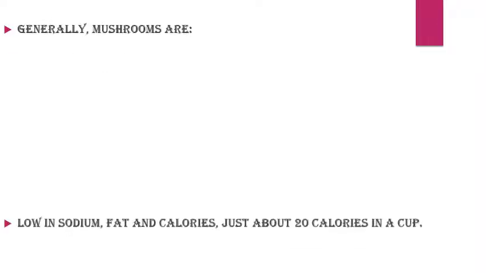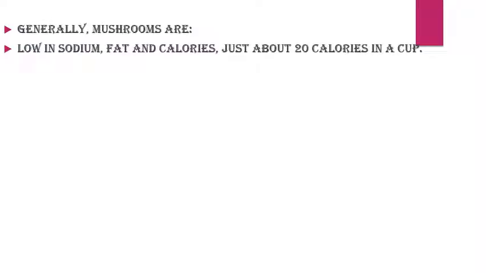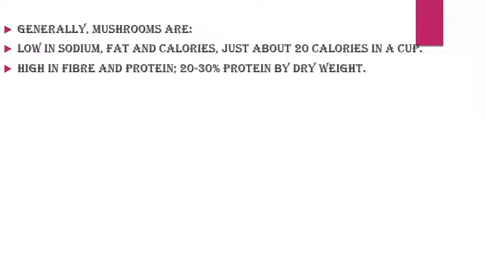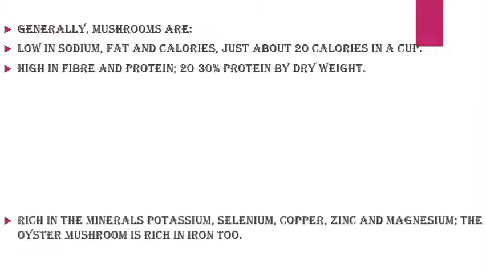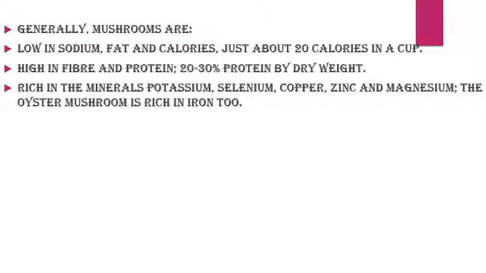Generally, mushrooms are low in sodium, fat, and calories, just about 20 calories in a cup, high in fiber and protein, 20 to 30% protein by dry weight, rich in the minerals potassium, selenium, copper, zinc, and magnesium.